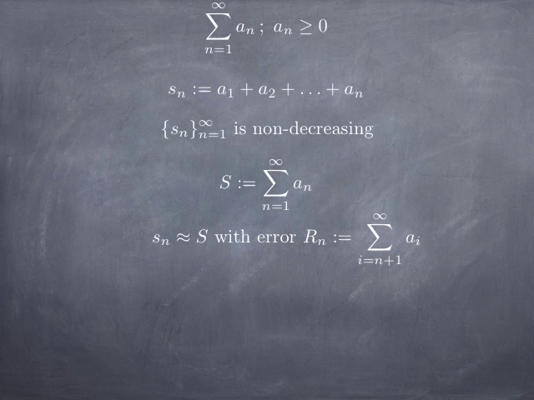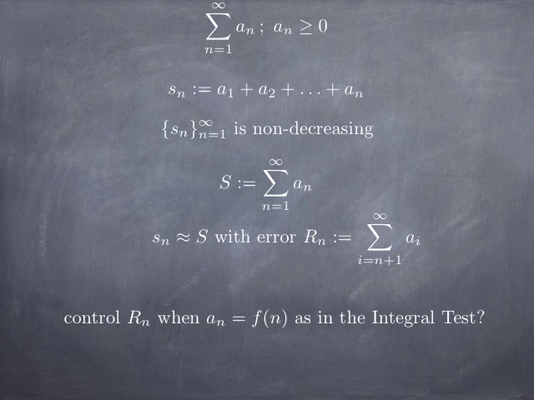At any rate, if we truncate the sum at a certain level S_n, then the error that we are making is really what we will call the nth remainder, and this is the sum of the remaining terms. In other words, the sum of the a_i's starting at n plus 1.